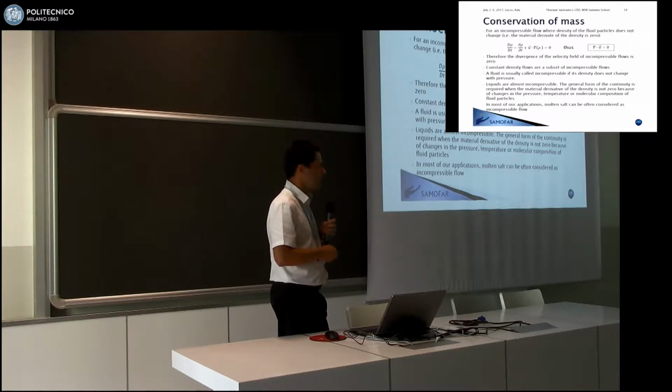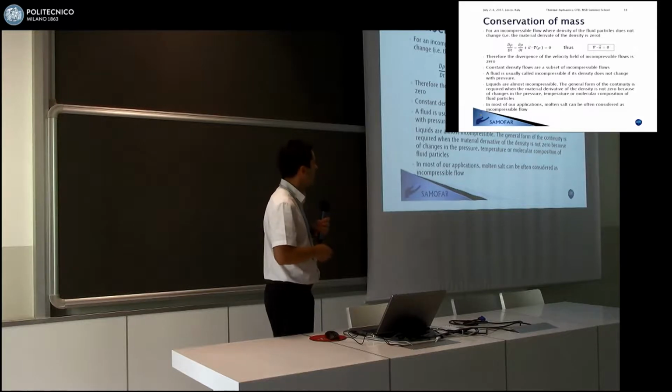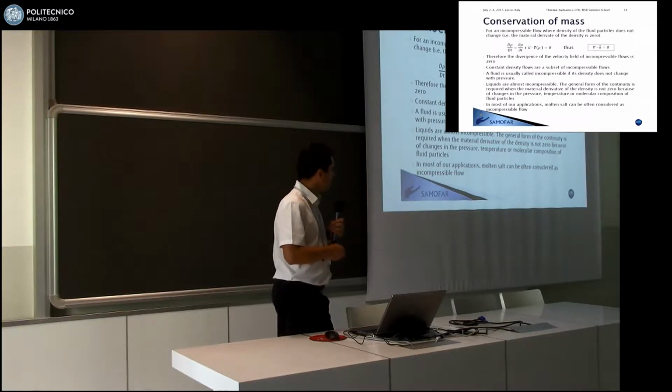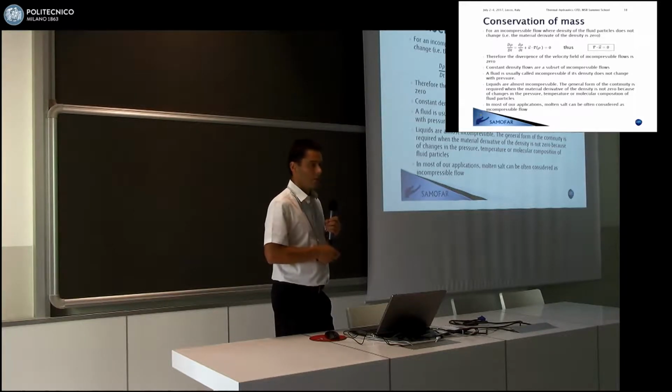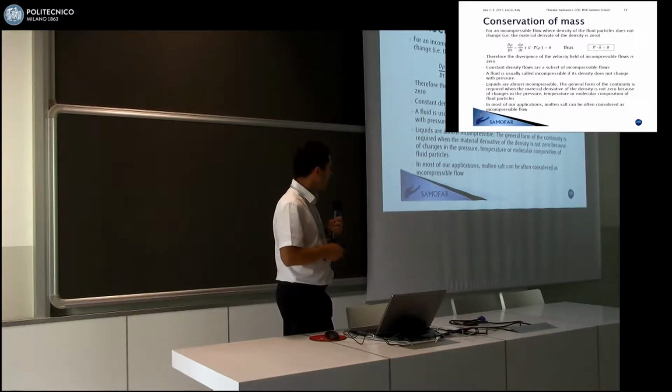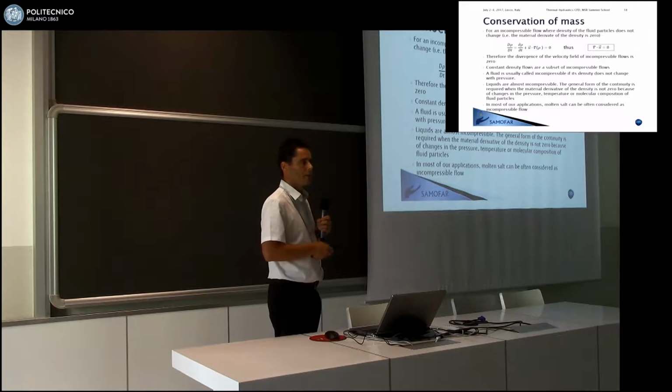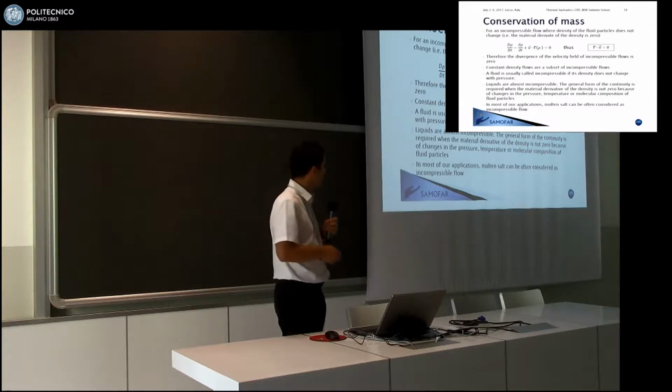So this is very nice because it simplifies a lot the resolution of the equations. This approximation of incompressible flow doesn't work in all cases. In a molten salt, it will work if you don't have too large a variation of temperature.